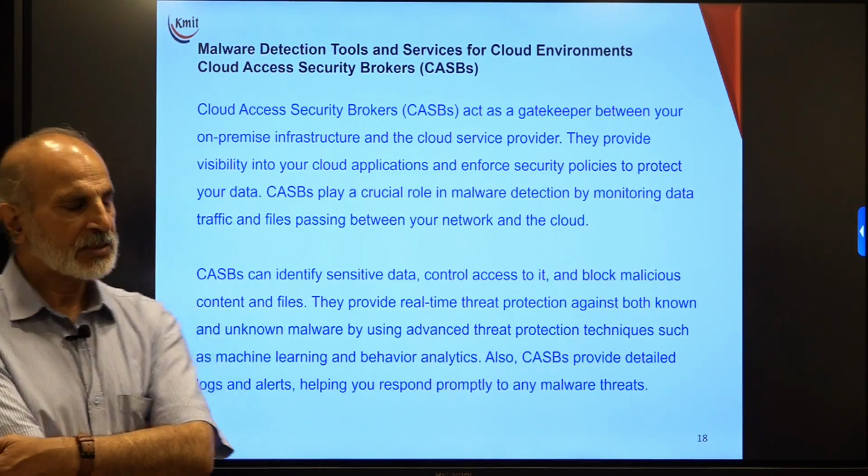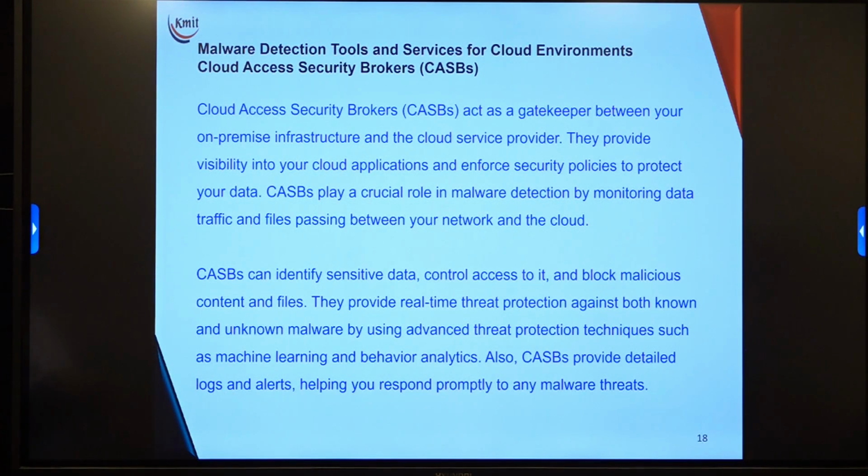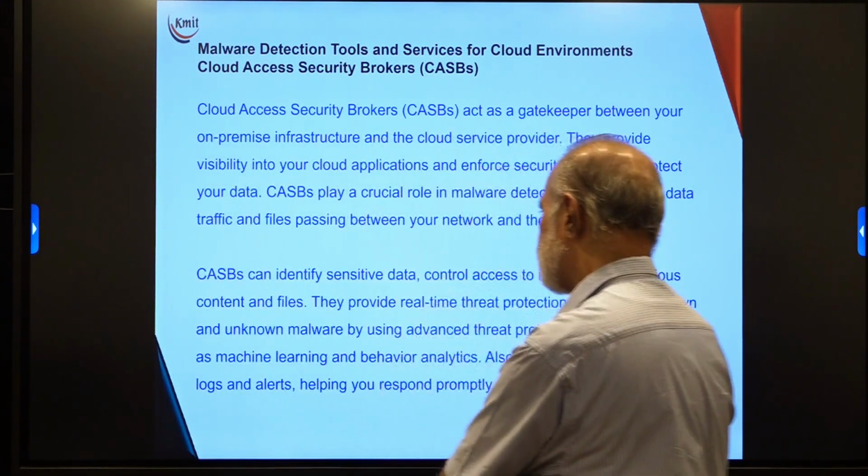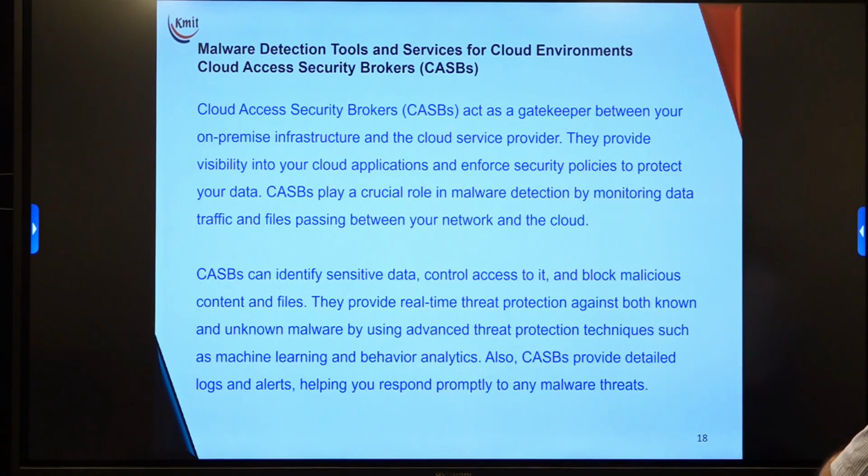So naturally, when I have this kind of system, I will be able to protect my data in a better manner. CASB plays a crucial role in malware detection by monitoring data traffic and files passing through the network or through the cloud. It can identify sensitive data, control access and block malicious code. So this is another technique which is very popular.